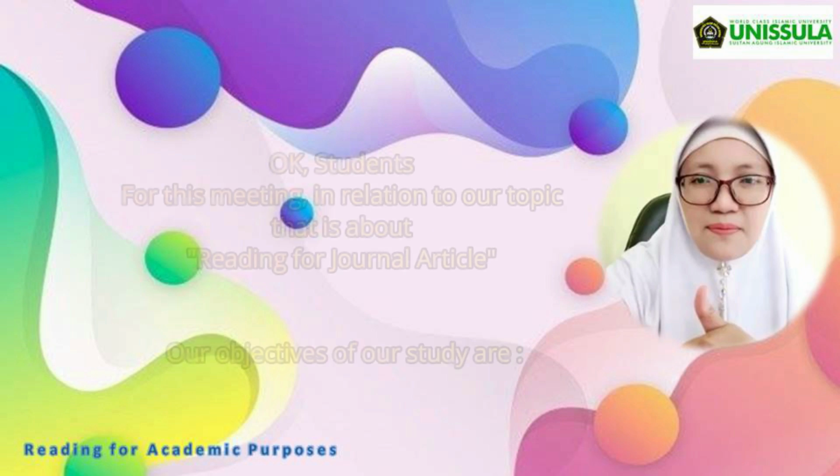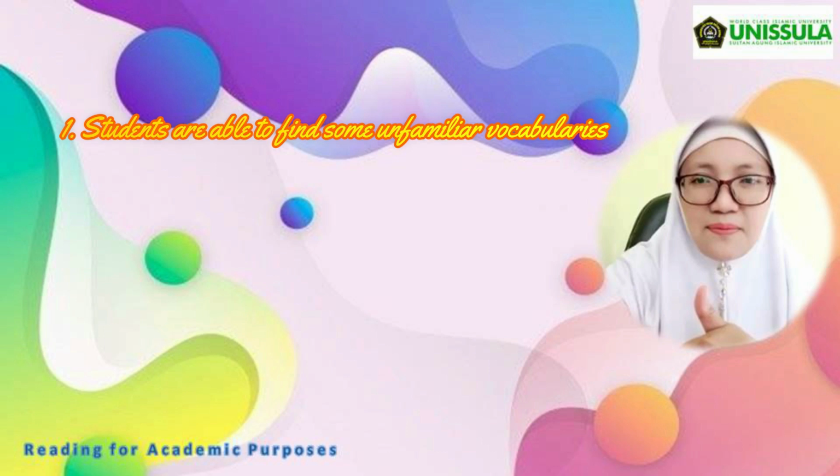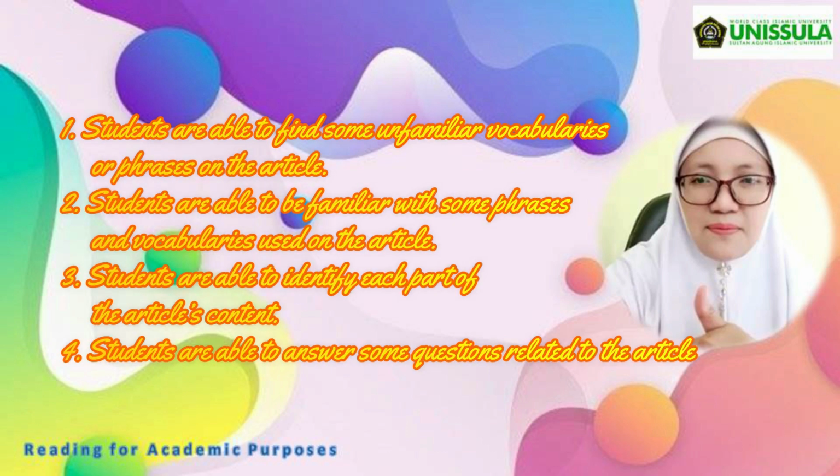Okay students, for today's meeting, in relation to our topic about reading for a journal article, the objectives of our study today are: 1. Students are able to find some unfamiliar vocabularies or phrases in the article.